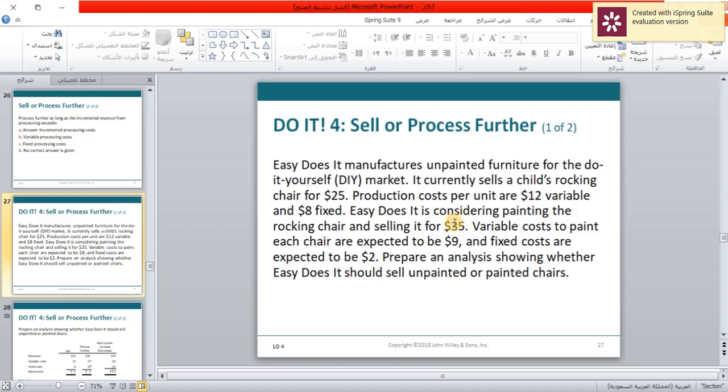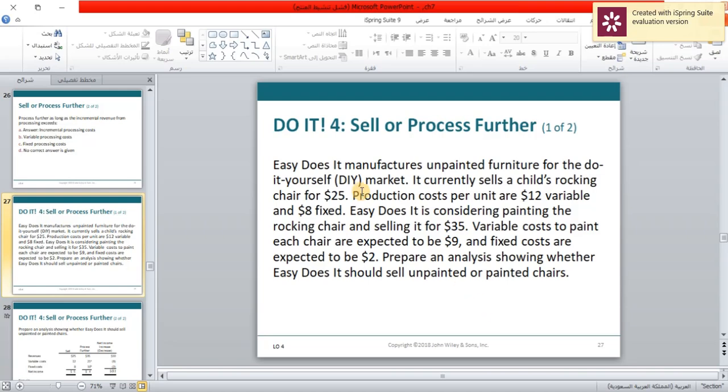Variable costs to paint each chair are expected to be $9 and fixed costs are expected to be $2. Prepare an analysis showing whether Easy Does It should sell the unpainted or painted chair.